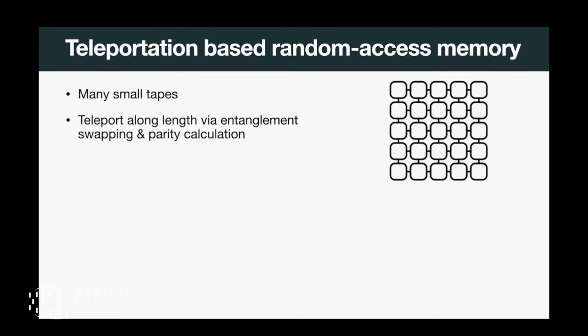And the way I'm going to do it is, instead of that one really big memory tape that was circulating, I'm just going to have many small ones. Then I'm going to teleport along the length of this memory via some entanglement swapping circuit and then some global parity calculation, and you just bolt this onto the previous construction.